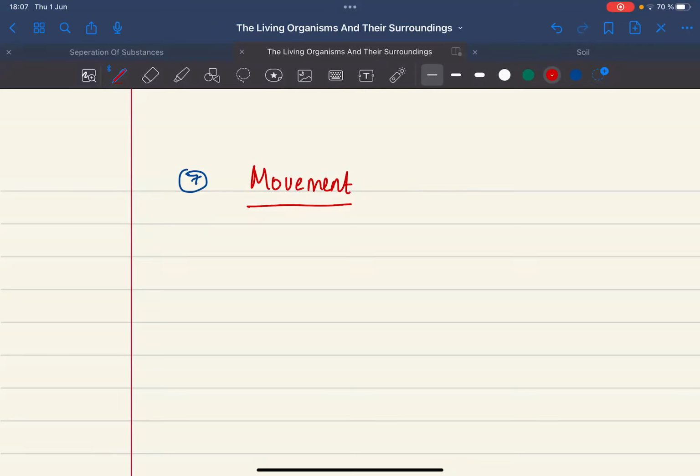Okay, so first point, we can talk about migration. The animals move from migration. Then you have movement of organs when it comes to the animals.